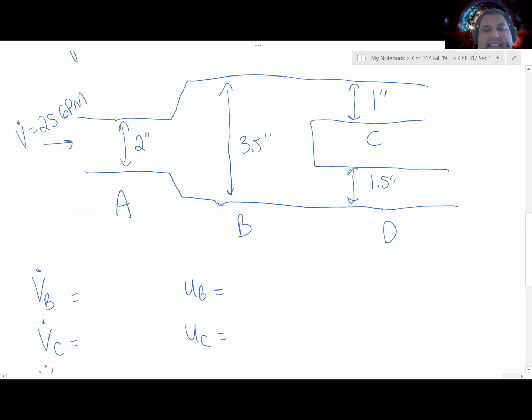And so I can calculate the volumetric flow rate of C based off of the relative area of C over the sum of the areas of C and D. And vice versa, I can also calculate D in this same manner.